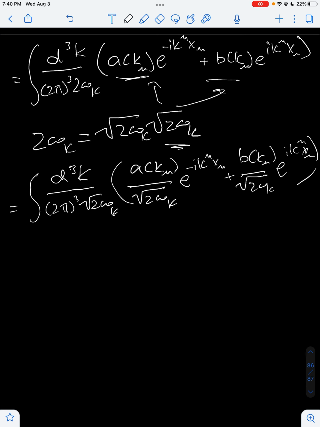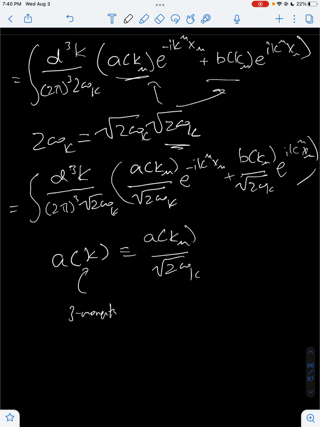Okay, good. So now we can redefine a of k, where k is the 3 momenta. You can define that as being a of k mu over the square root of 2 omega k. Same thing for b of k mu.